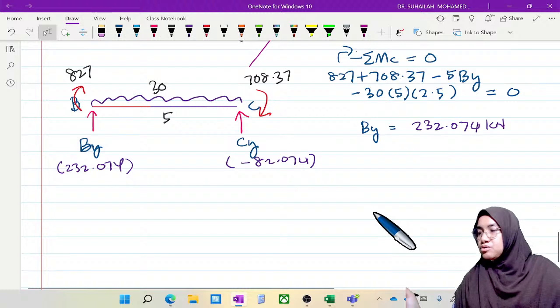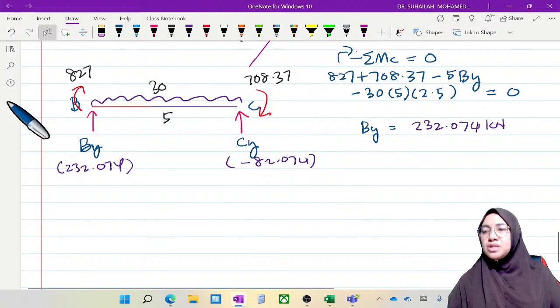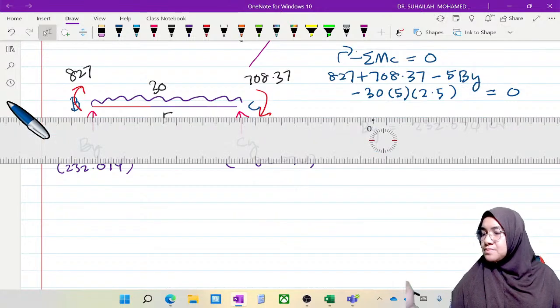Okay, so the shear force diagram, considering these shear values, is like this.